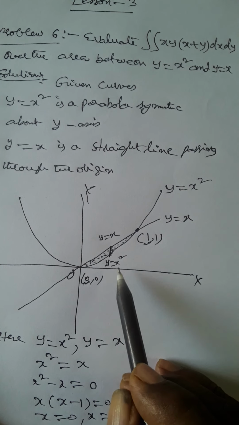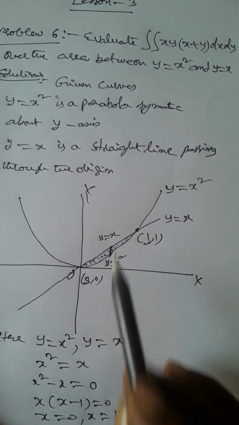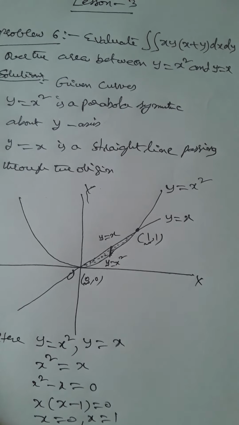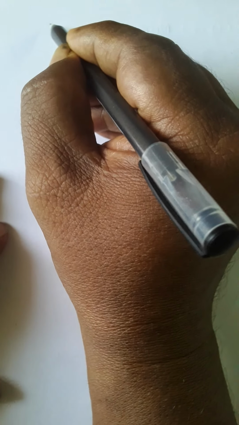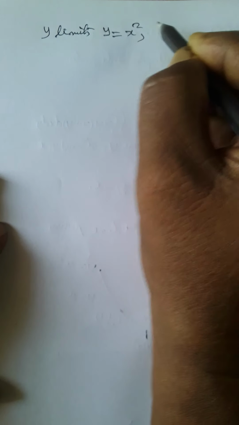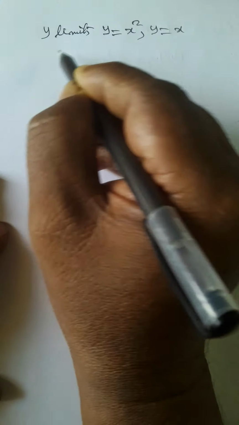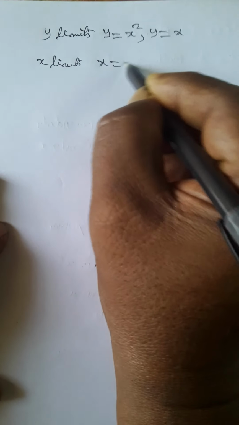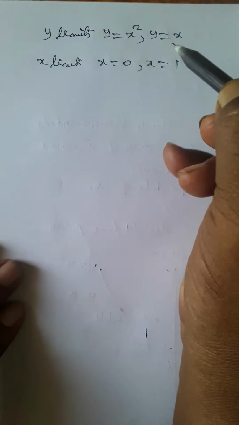So y limits x square to x, x limits 0 to 1. Y limits: y is equal to x square, y is equal to x. X limits: x equal to 0, x is equal to 1.